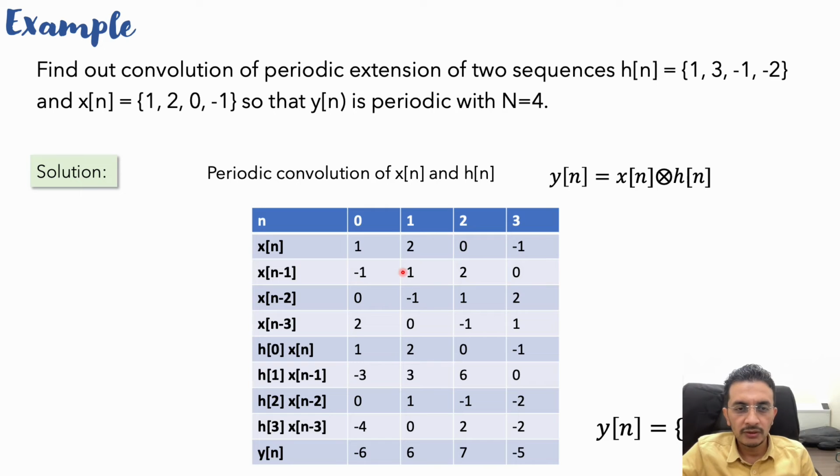Now you can see that it is not really shifted, but it is actually circled, the last sample to the first one. So it is exactly the same, but the last one has moved to the first position and the rest are pushed to the further sample positions.